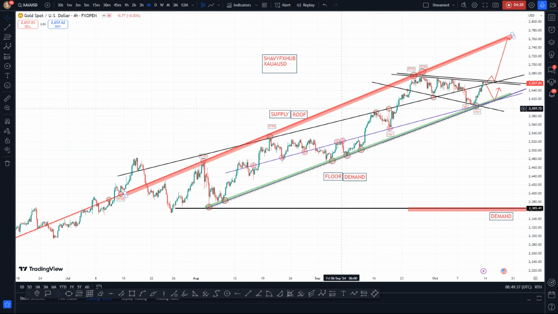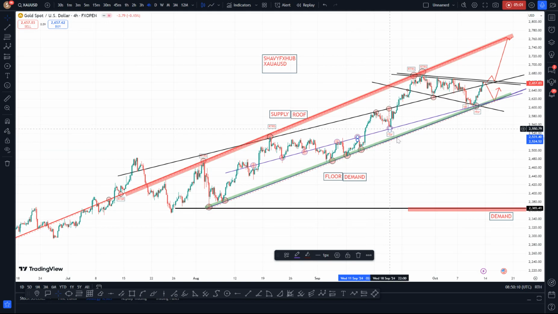And when you look within the channel, within the roof and the supply, you will see we have another trend where we have here support, break of a support structure, resistance, break of a resistance structure, support, support, break of a support structure, price returns on retest, a resistance structure, and we respected it again. We come here, we respect again the resistance structure, respect it again before we broke the resistance structure, and return as RTSR, and we return the second time for a buy.